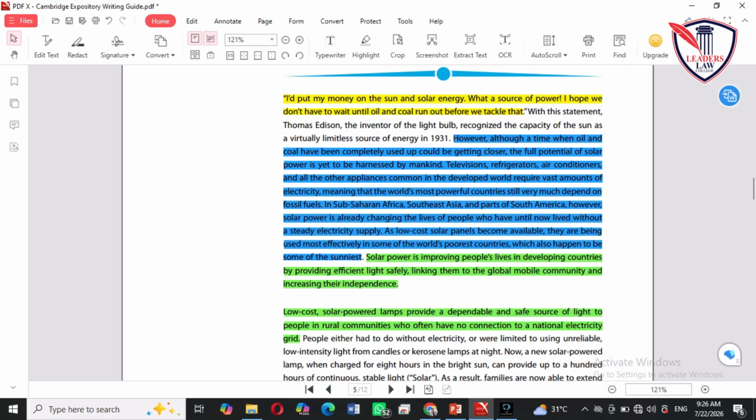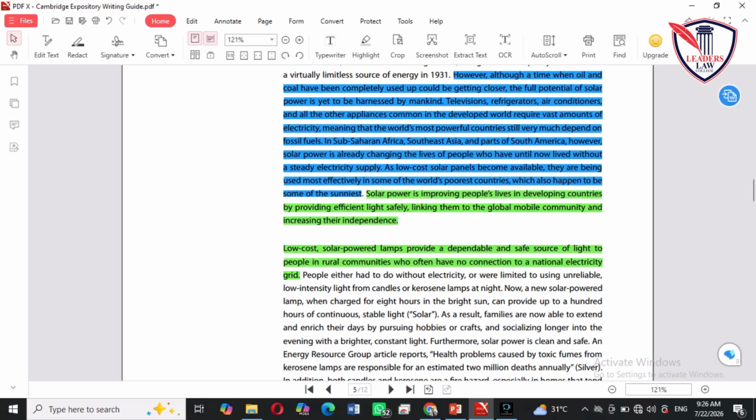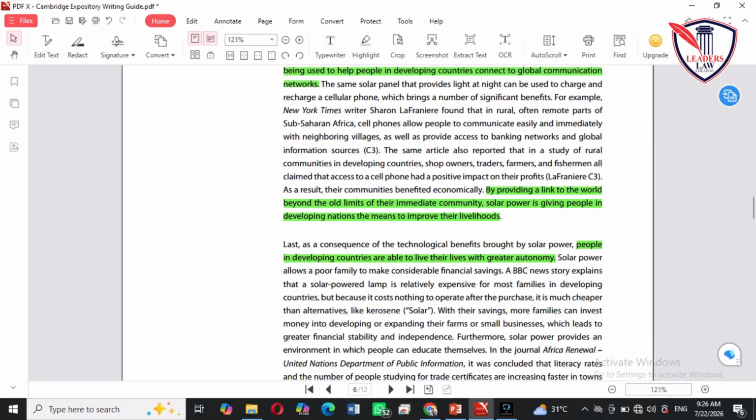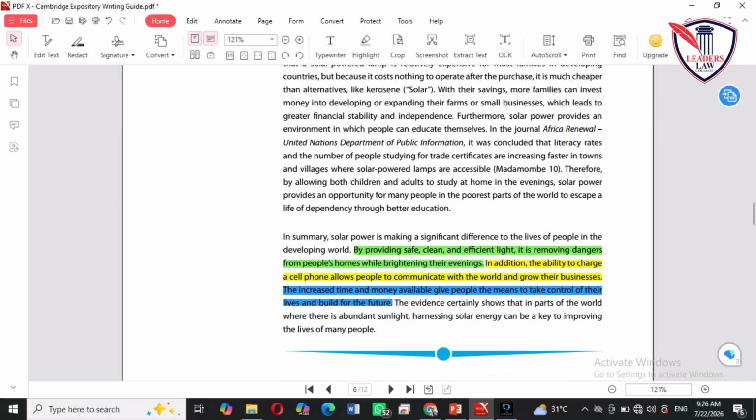And in the thesis statement, we must have at least three points to discuss. Then in the body paragraphs, which usually are three, we discuss the three points mentioned in the thesis statement. And then we have the fifth paragraph, which is the conclusion. In the conclusion, we restate our thesis statement and we summarize our main points.